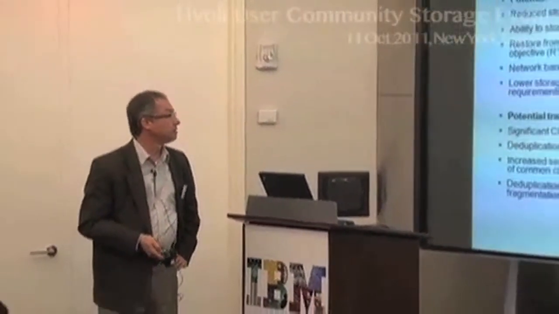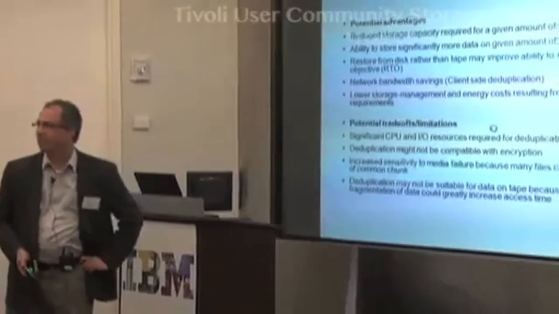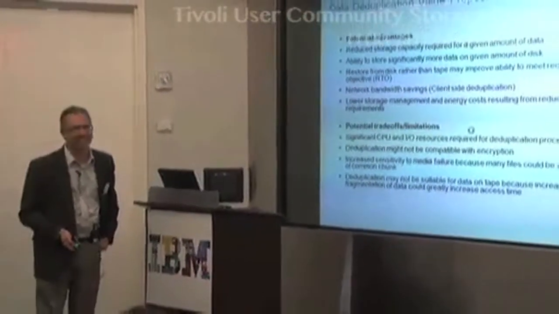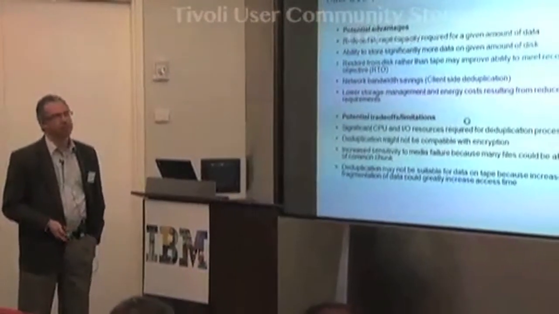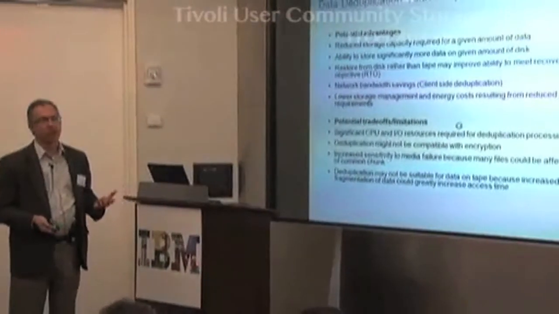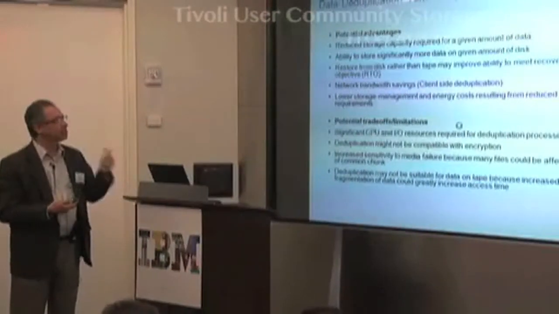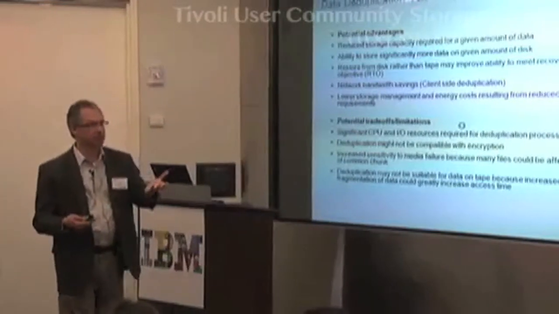So some of the trade-offs, where's the tax? Right? No free lunches these days. It's a tax on the CPU, but the idea is if you've got the cycles, why not use them? It's an interesting discussion because when 6.1 came out, it was server-side, target dedupe.